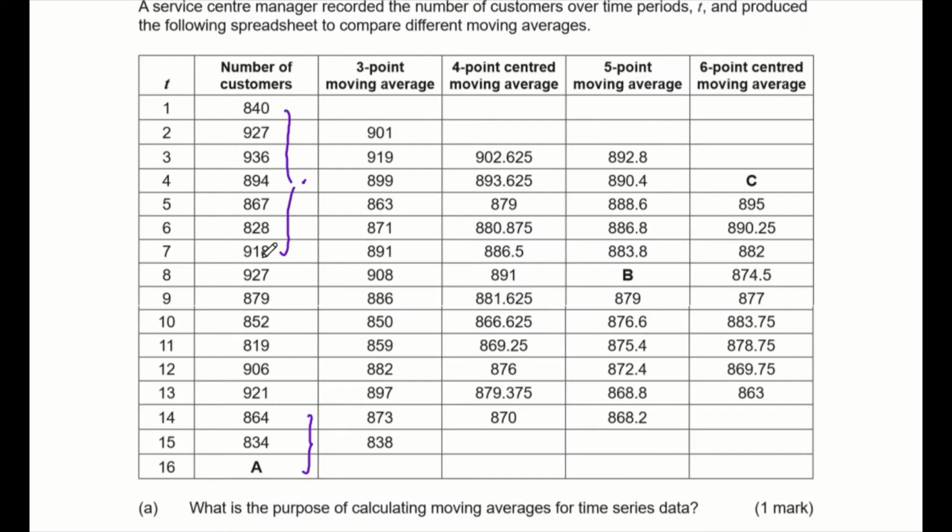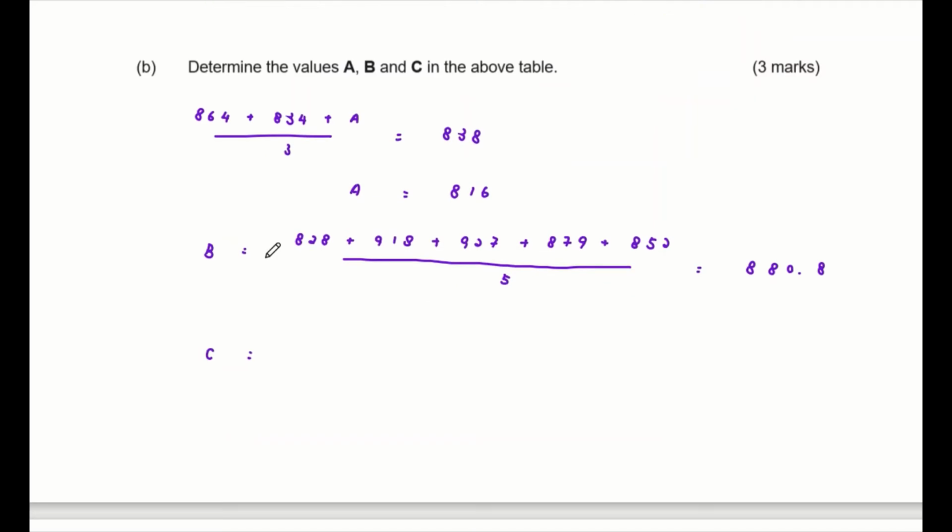So you have the first one halved, and the last one halved. Okay, so 0.5 times 840, 927, 936, 894, 867, 828, and 0.5 times 918.